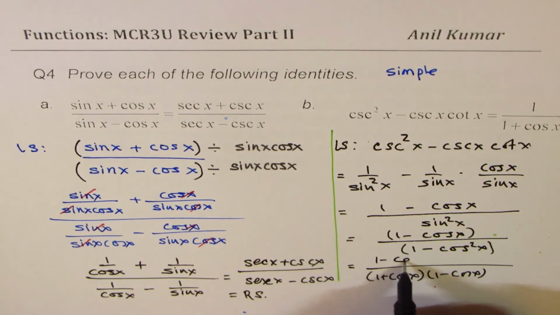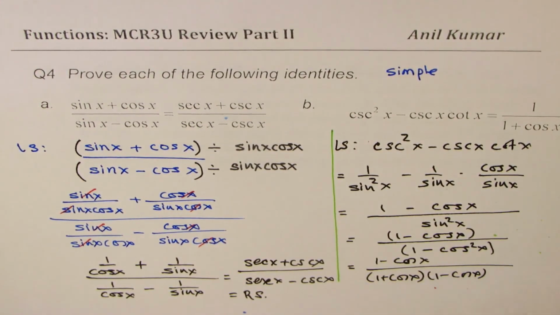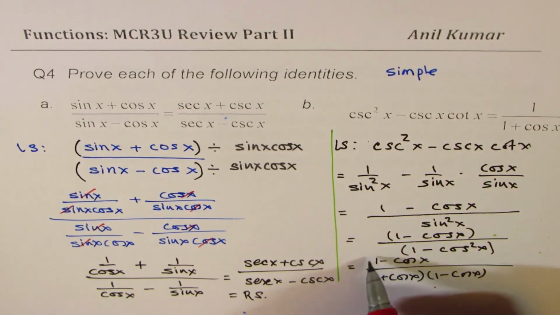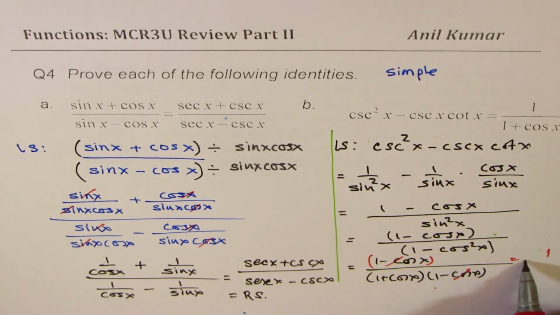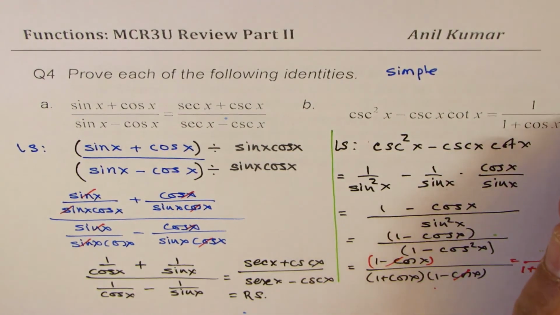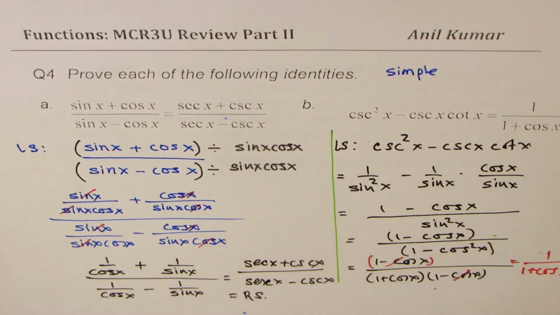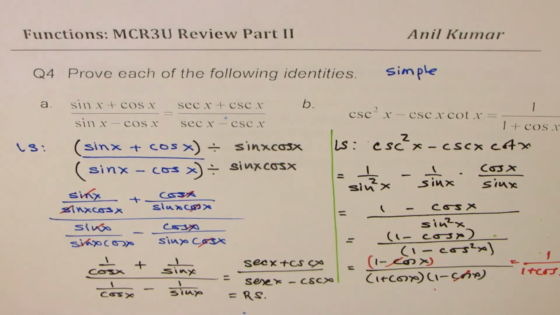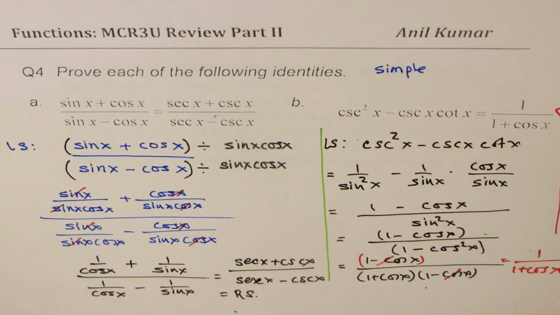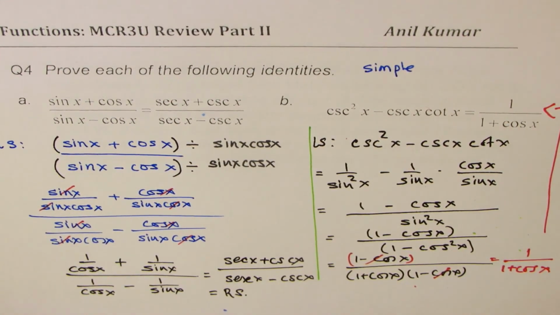And we have 1 minus cos x in the numerator, which cancels, right? So this factor cancels, and we are left with 1 over 1 plus cos x, which is the right side. Is it okay? So we have shown how left side equals right side, and so the identity has been proven. So I hope it's absolutely clear.